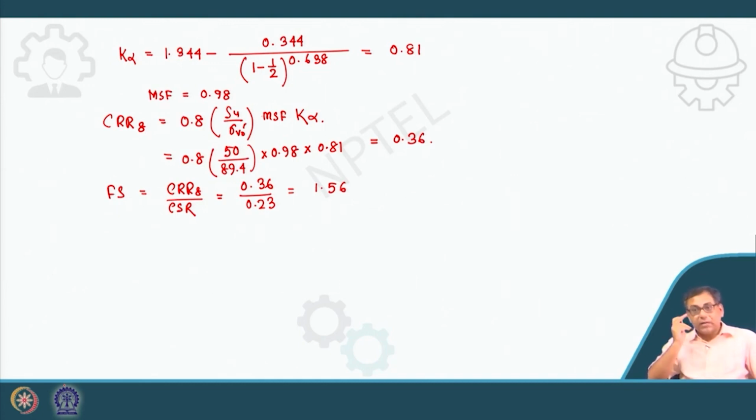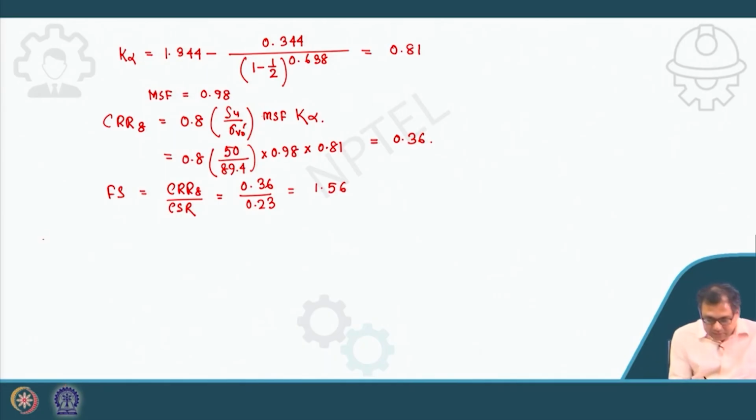Because you can see the K alpha value is less than 1. Okay, so then you have to consider that to calculate the K alpha. So that factor of safety will reduce and it is 1.56, whereas previously it was 6.